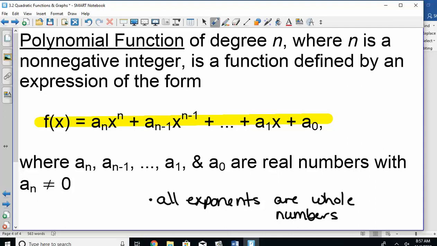So you are not going to have a square root of x in this. You're not going to have an x to the negative 3 or the x to the 2.5 power. Your powers on your x are nice, pretty whole numbers. See, everybody likes pretty numbers, right?